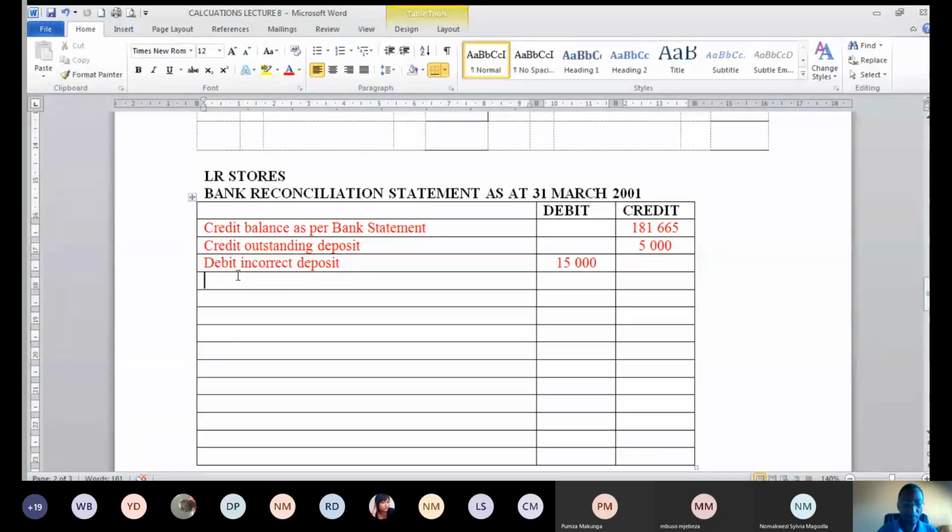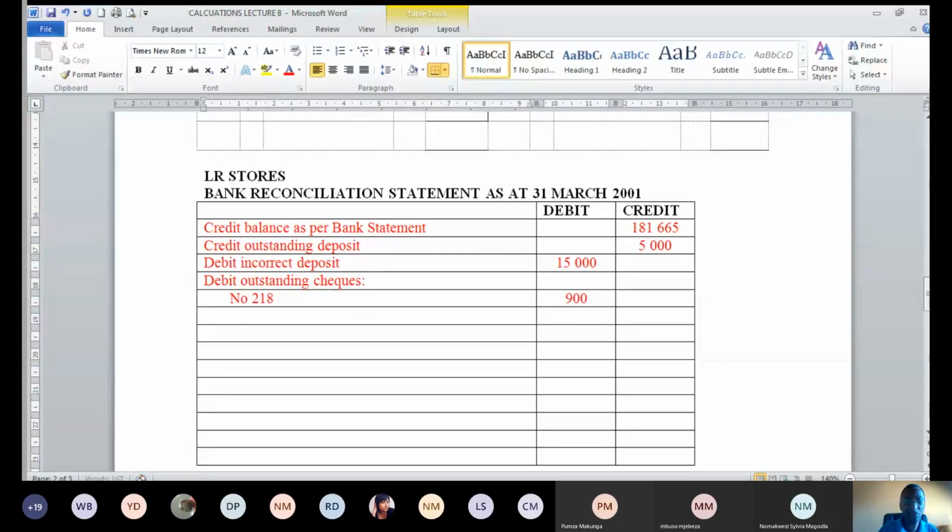In your bank reconciliation statement, you are going to write debit, outstanding checks. The checks are outstanding because when we issued the checks to the people to make certain payments, they have not deposited those checks as yet. You must indicate the check number. Check number 218 is outstanding, didn't come through the bank as yet, and the amount of that check is 900 Rand.